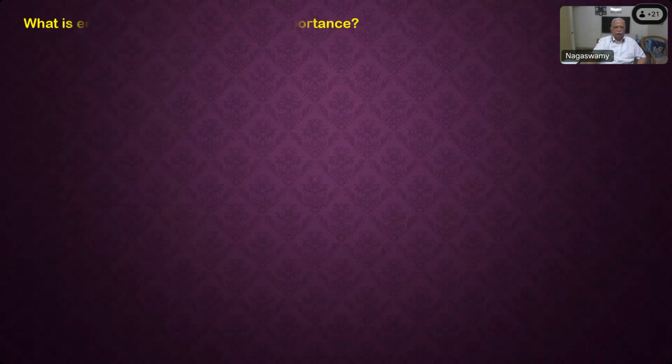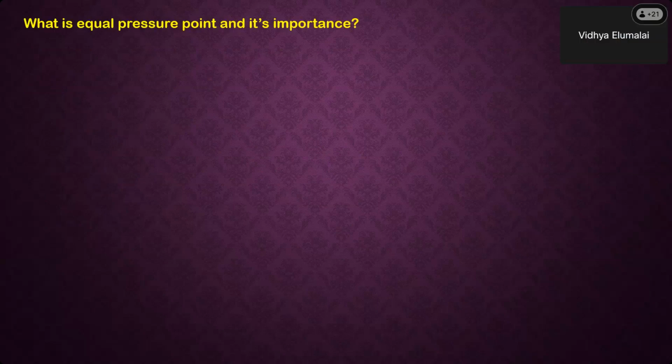What is equal pressure point and what is its importance? All these questions are mainly for ASCII training. So it is the point where the lung collapses and the chest wall expands.